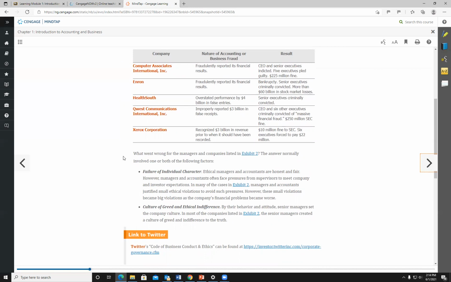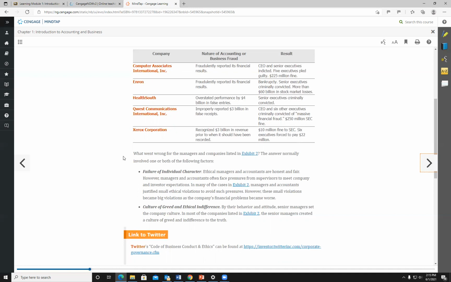However, managers and accountants can sometimes be faced with pressures from supervisors to meet company and investor expectations. So the managers and accountants justify small ethical violations to avoid such pressures. However, those small violations became big violations as the company's financial problems became worse.